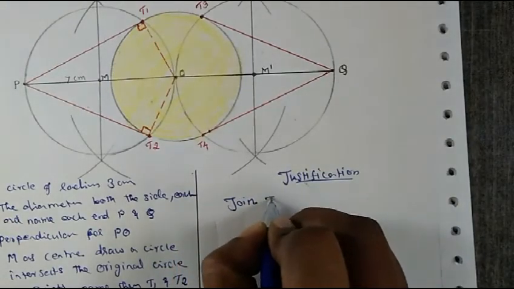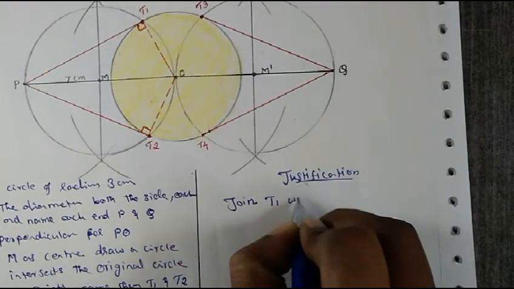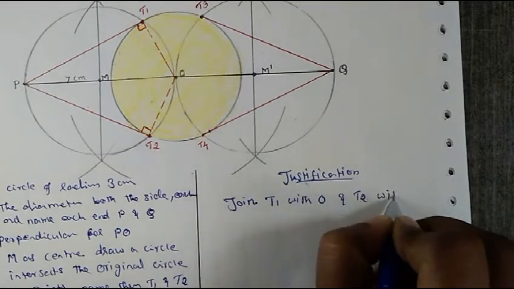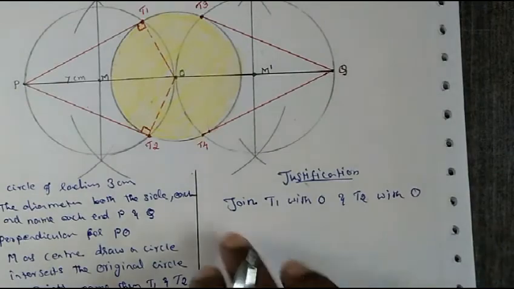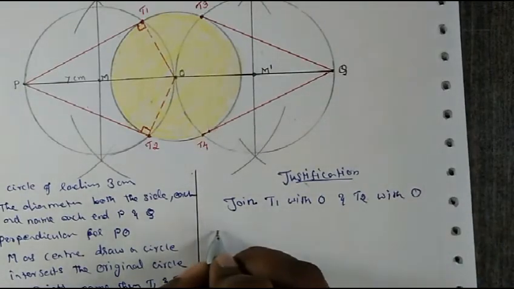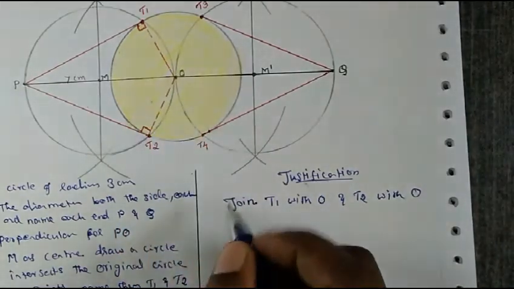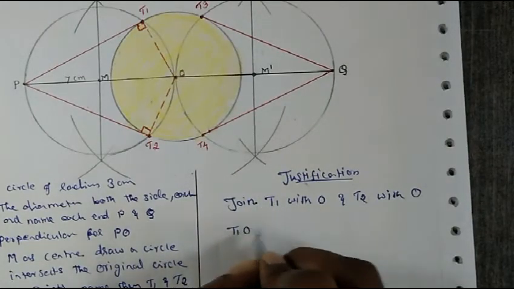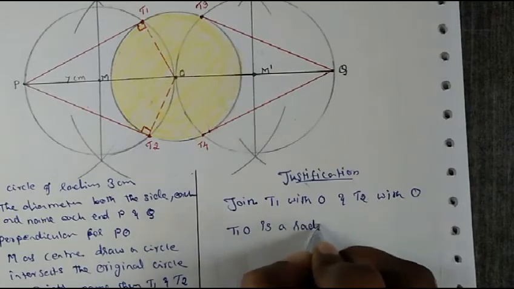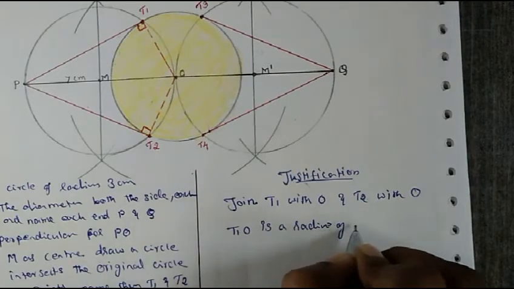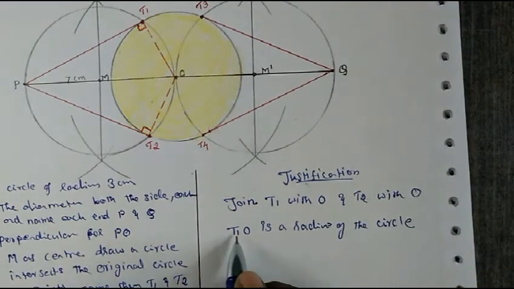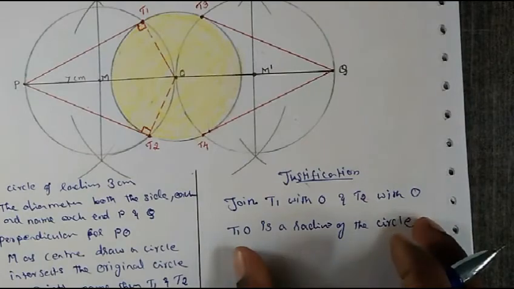So we'll first mention: join T1 with O and T2 with O. When we join, what do we get? T1O is a radius of the circle.